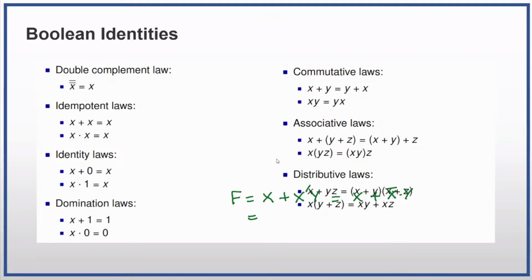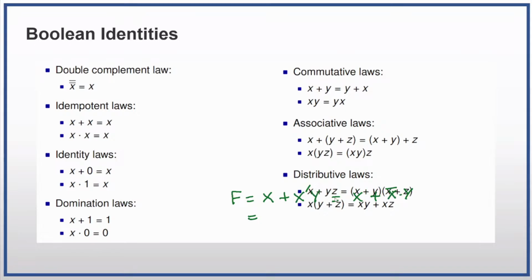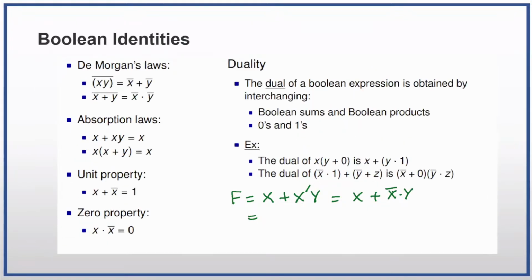In this case you cannot use the associative law, but you can use the distributive law, which is the mix of products and sums. Here we have the product of x prime and y.